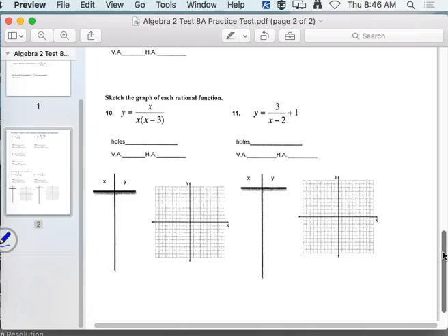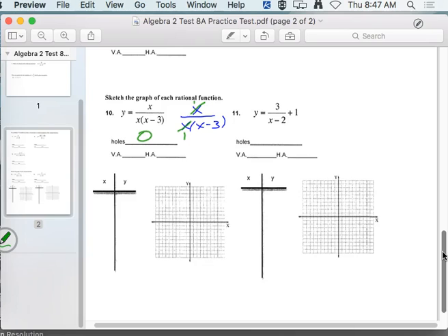Yes. Wherever there's an X, there's an answer. So, where would the hole be? Not 1. 0. Remember, we're talking about the denominator and the number it can't be. The number it can't be is 0.